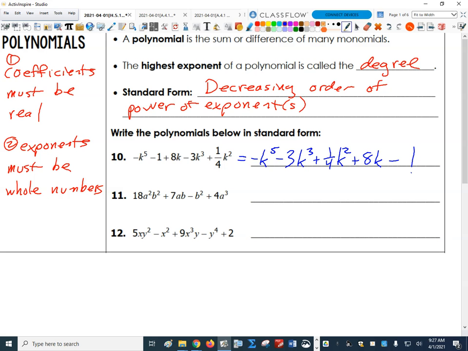Okay, what about 11? How are we going to organize 11? Yeah, think about that one for a second. Everybody think about how you might be able to organize that one. There's different ways you could, but see if your intuition is going to tell you how we should do that one.